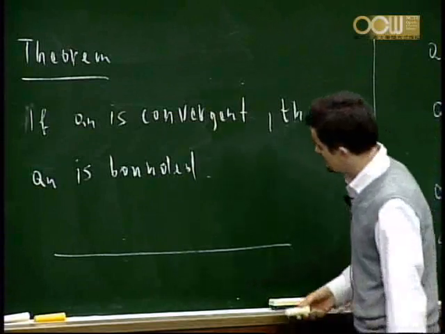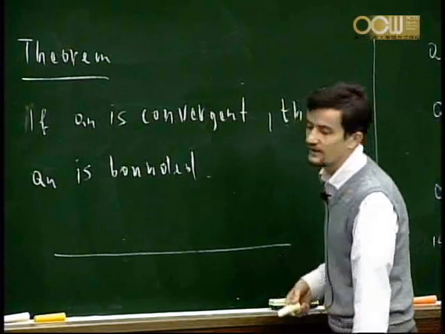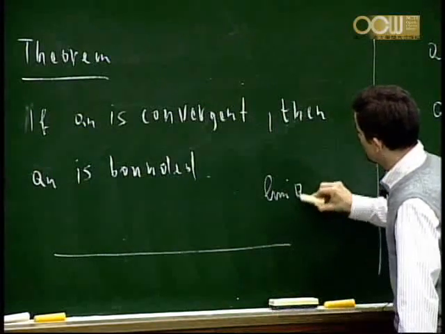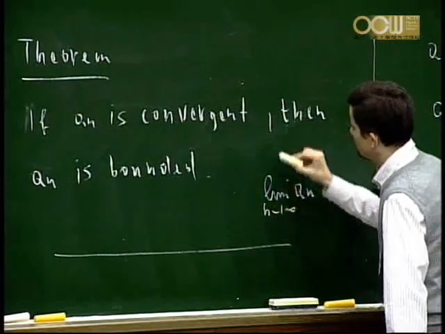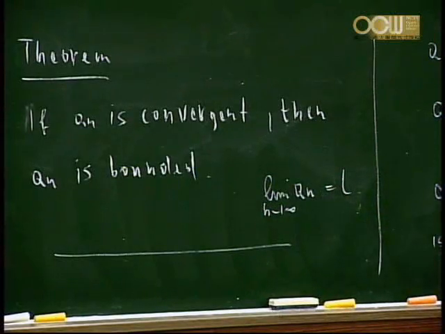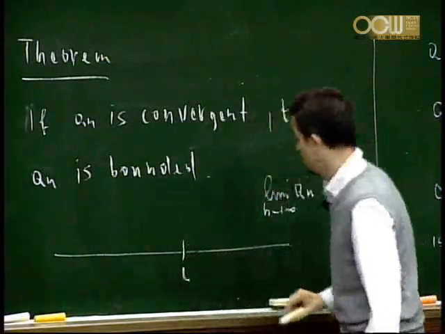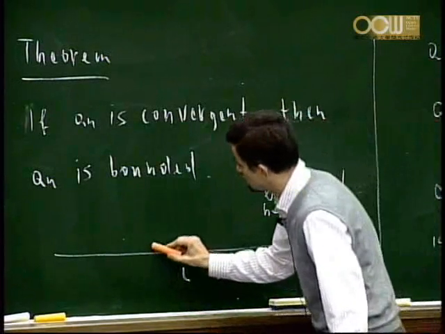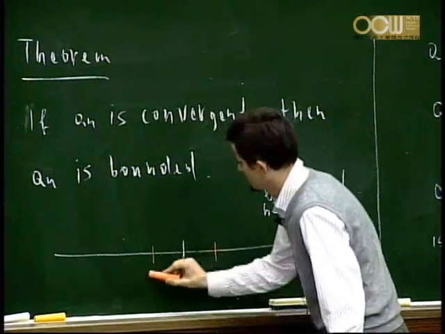But just to make you understand why this is the case, assume that the limit of a_n as n tends to infinity, because we assume convergence, so that the limit exists, is equal to L. Now, for every epsilon, for instance, we choose epsilon to be equal to 1.